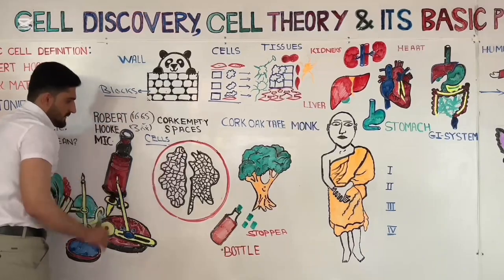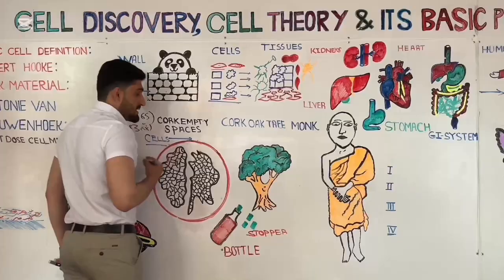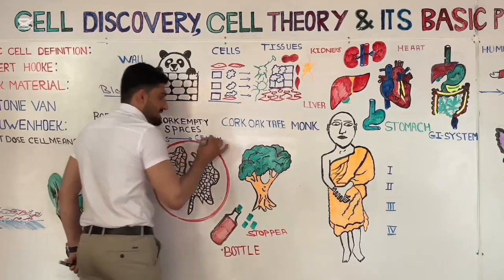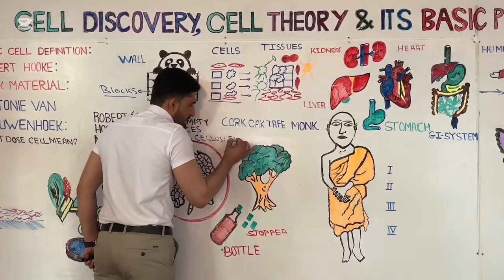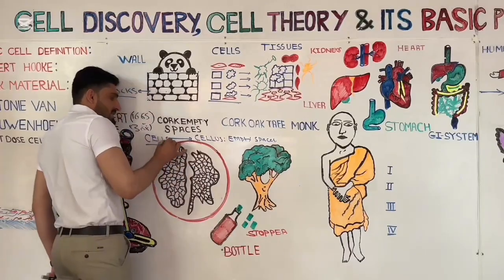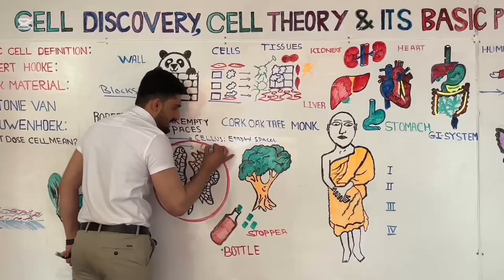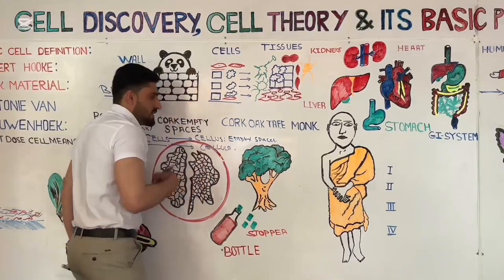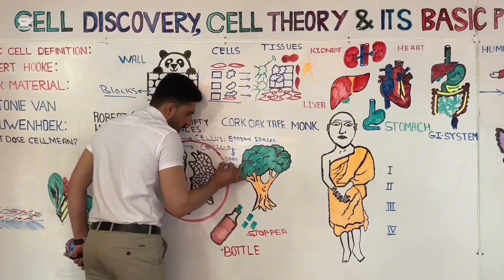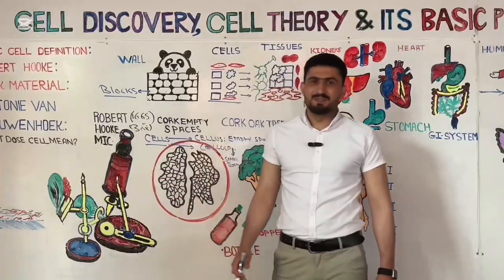He called each of these holes a single cell because the word cell is taken from the Latin word cella, which means empty spaces, or from cellula, which means small room. So that was the reason why he coined the name cell.